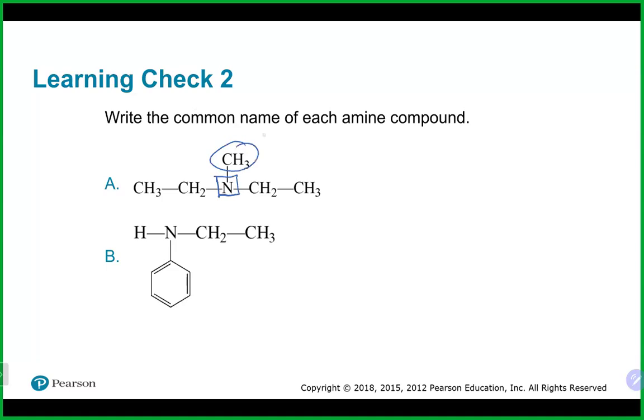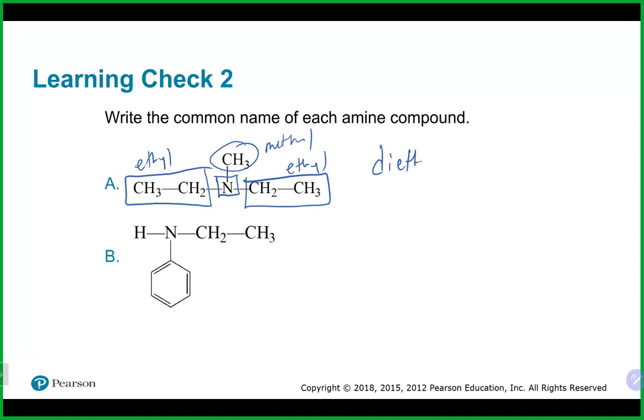Clearly above there, we have a methyl group. That looks like a 2-carbon group, so that's going to be an ethyl group. We've got another 2-carbon group over there, so that's going to be an ethyl group. So we've got 2 ethyl groups, so it's going to be a diethyl, methyl, and amine at the end of it there.